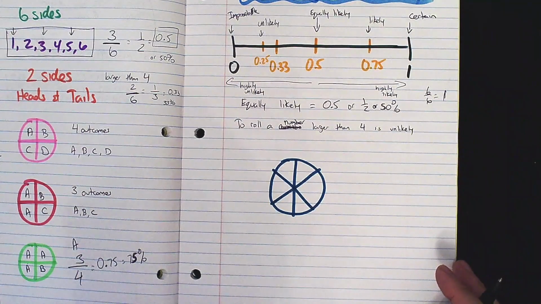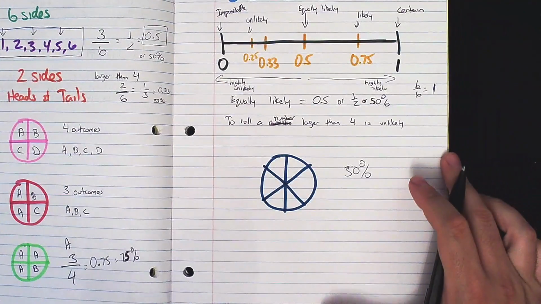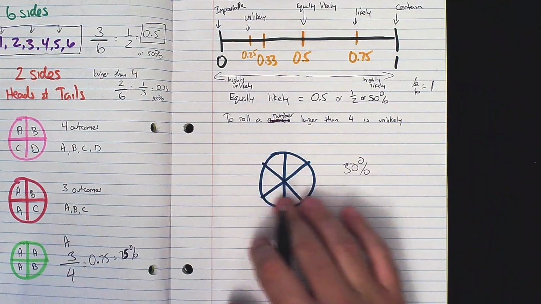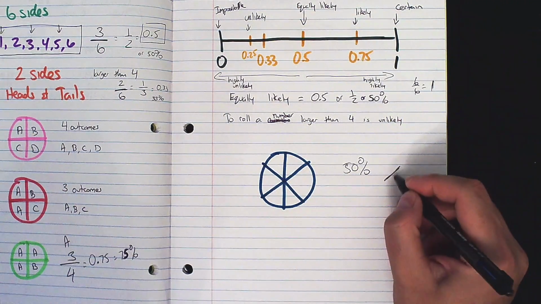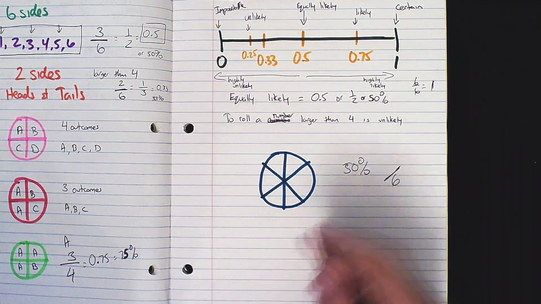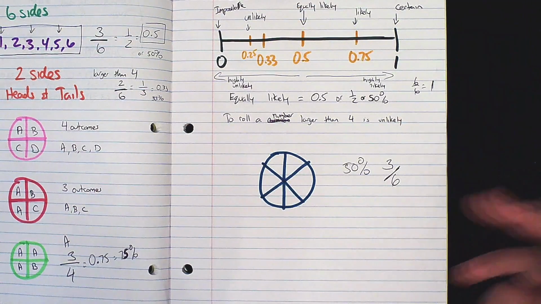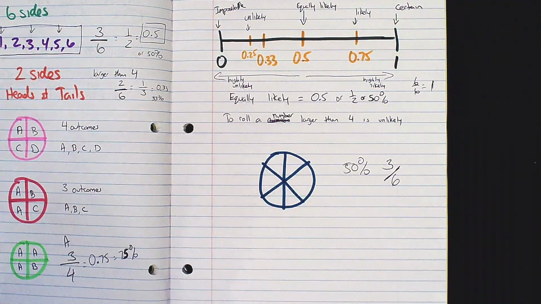Another example you will see in your work is it's going to give you a spinner, and it's going to say to you, create a spinner where landing on the number 3 is a 50% chance. Now there are 6 pieces to the spinner. We know that 3 of them need to be the same in order for it to be a 50% probability.